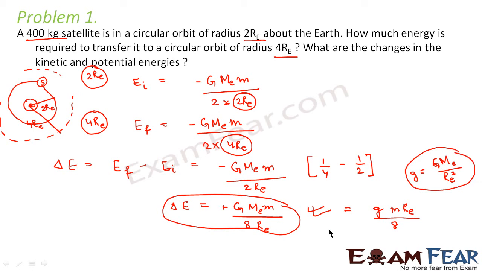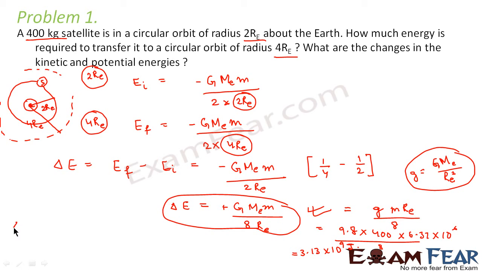Now if you put the value of g as 9.8, m as 400, RE as 6.37 into 10 to the power 6, divided by 8, you get the value as 3.13 into 10 to the power 9 joules. So this would be the energy that is required to transfer it to a circular orbit of double the initial radius.